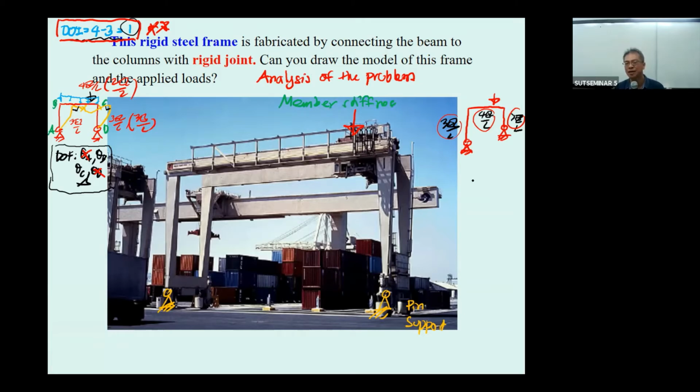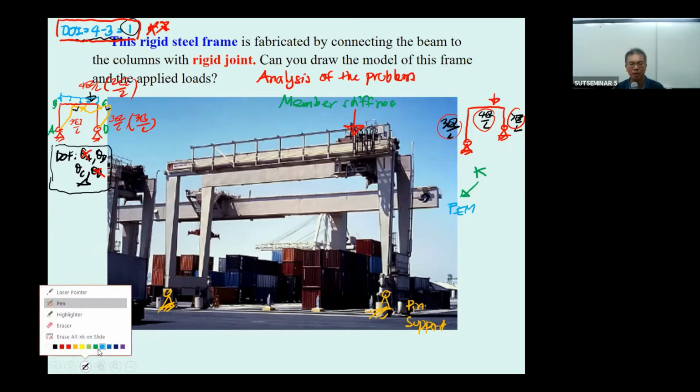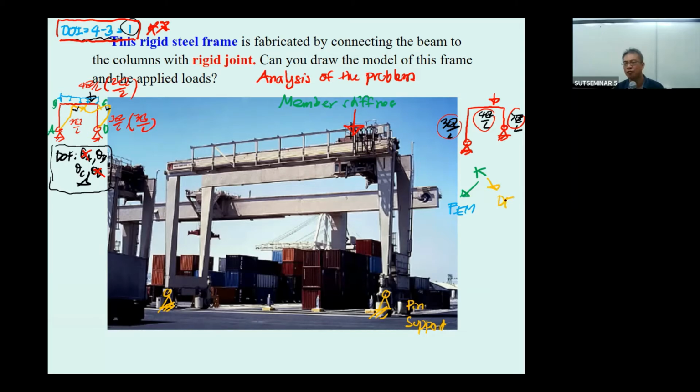It's important because when you compute the correct case, you will need it to compute the so-called fixed end moment. And based on this, you also need to compute the degree of freedom.